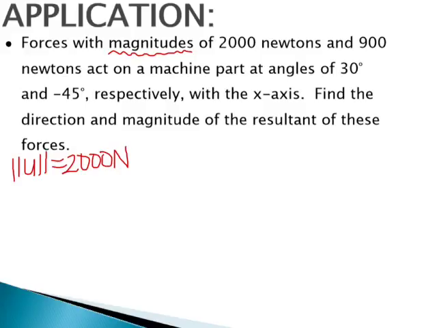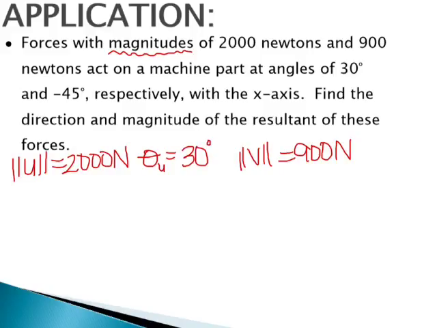Our second vector, and I'll call it vector v, has a magnitude of 900 newtons. And then it says our first direction angle, so the direction of u, is 30 degrees, while the second vector, vector v, has a direction of negative 45 degrees.